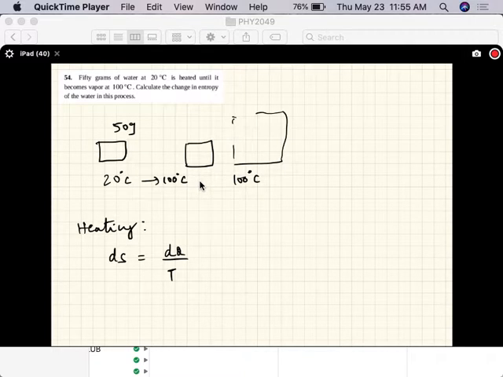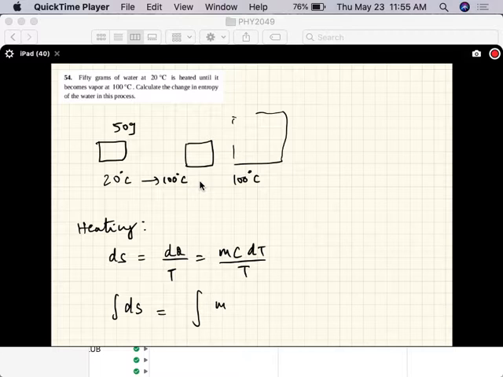Let's see what is the change in entropy while you're heating the water. So this is the small change in entropy for this small amount of heat added. While you're heating the water, the temperature is rising, and so you'll have to take that into account. So this is equal to the mass of water times the specific heat of water times the change in temperature.